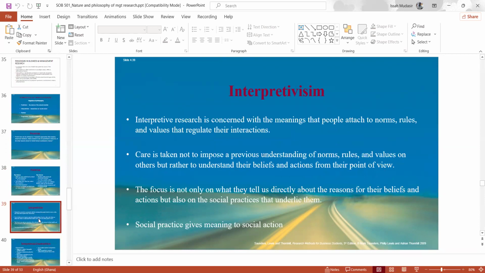Yes, Silas. Indicated that they are context-free. Yes. But I was thinking that any research that is conducted relates to context.